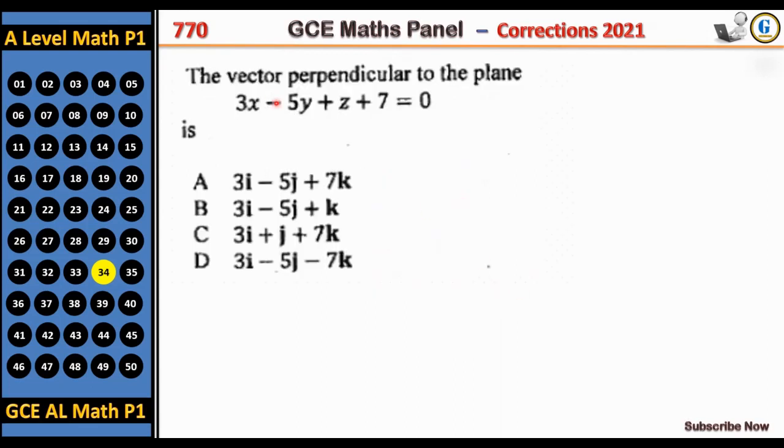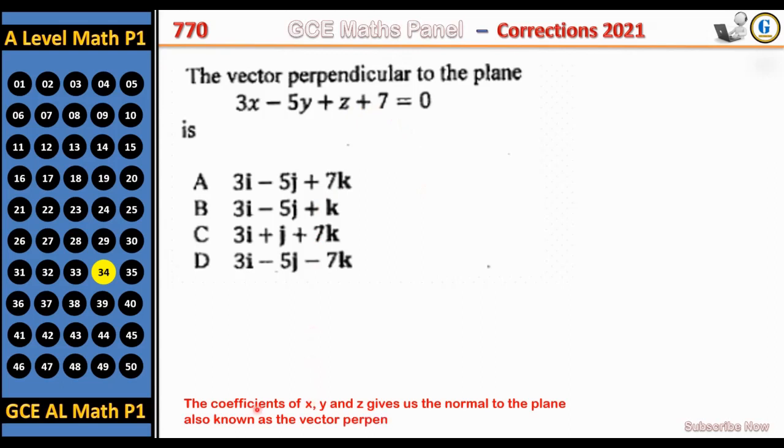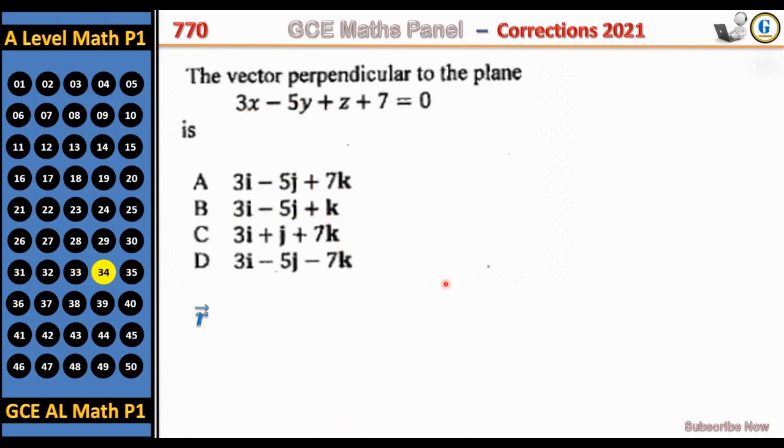34. The vector perpendicular to the plane that is given by. Now, to get this vector that is perpendicular to this plane, it is given by the coefficients of x, y, and z. So the coefficients are 3, minus 5, 1. So you can see that the key is already B. Let's recall that the vector equation of a plane is r dot the normal to the plane equals OA dot the normal.